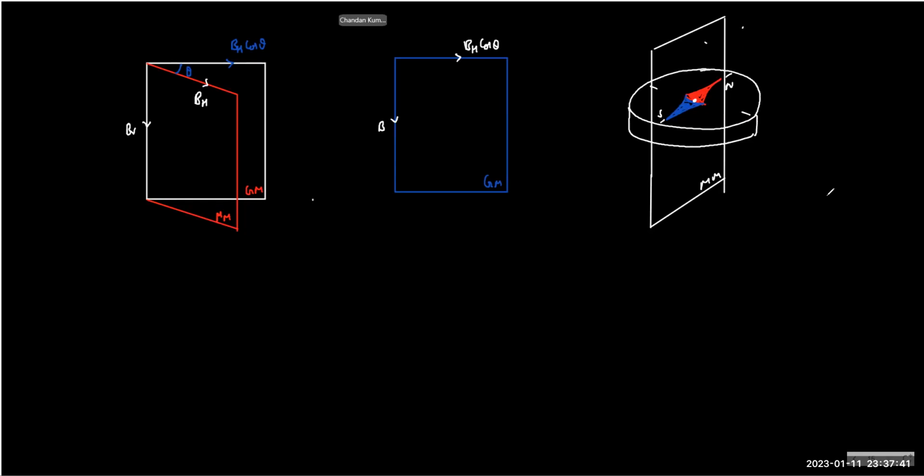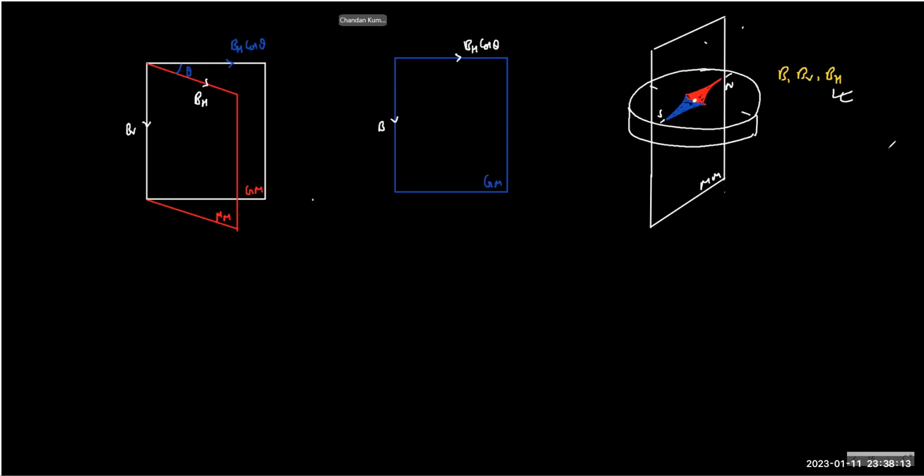Because this compass is free to move in the horizontal plane. So when a magnet is free to move in the horizontal plane, it will always align itself in which direction? BV, BH? How will this needle align itself? Along BH, exactly. Do you all realize this part?